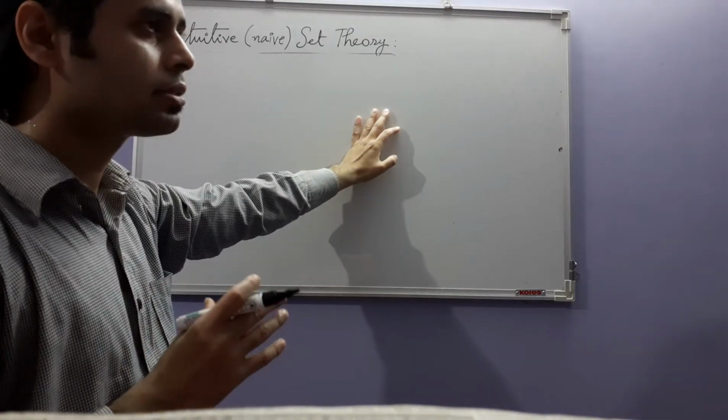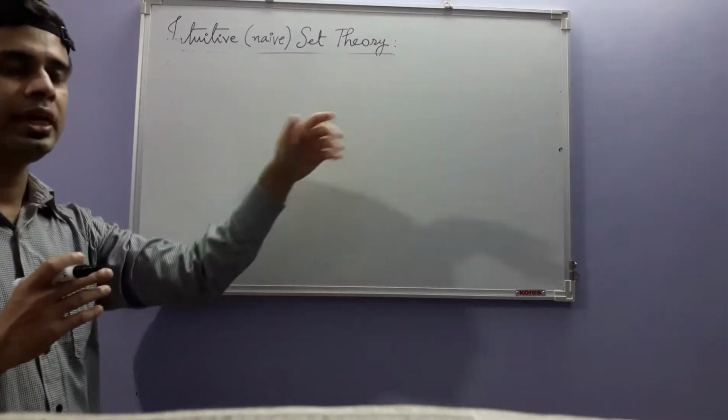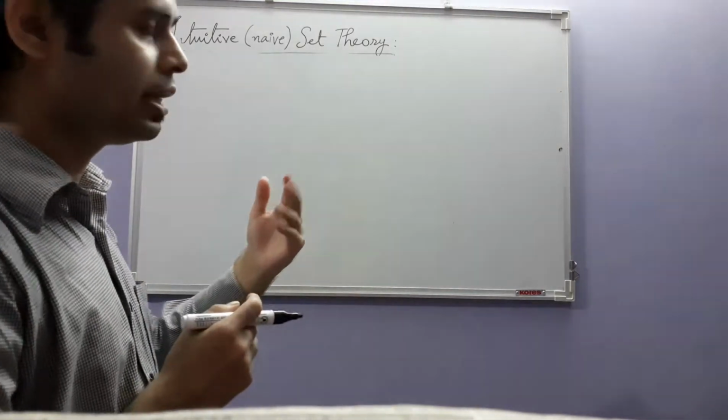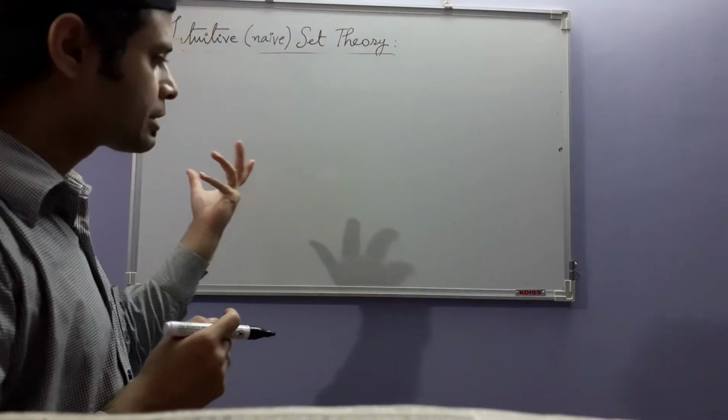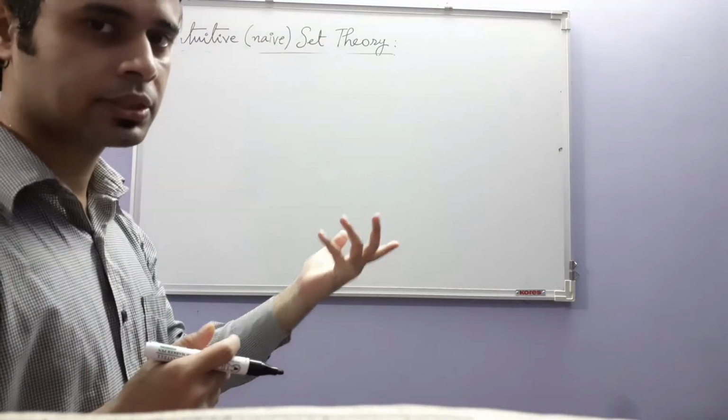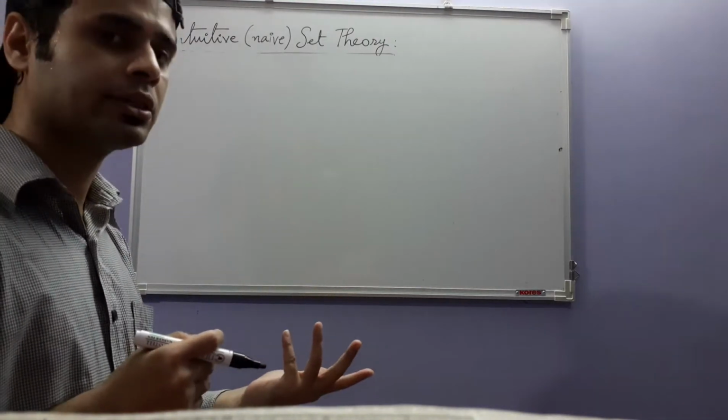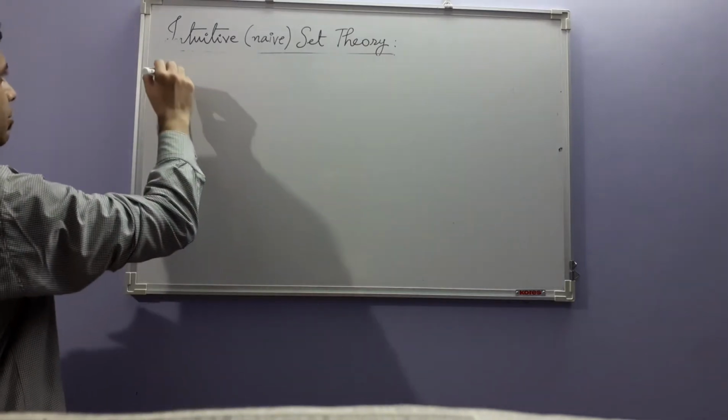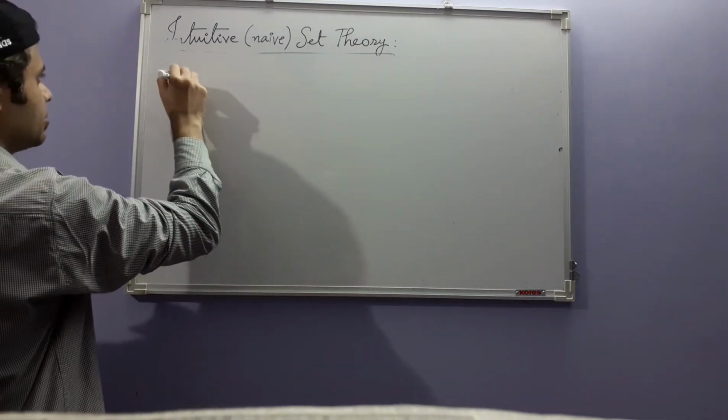So objects are things which can be anything, and they can be elements of a set. So because sets are considered as objects, they can be elements in some other set. So let us take an example of one such set.